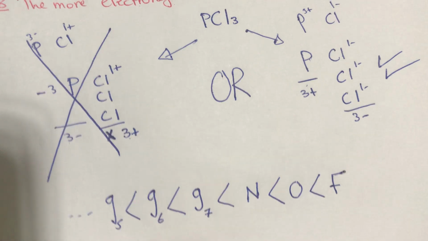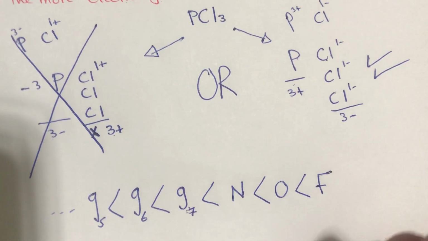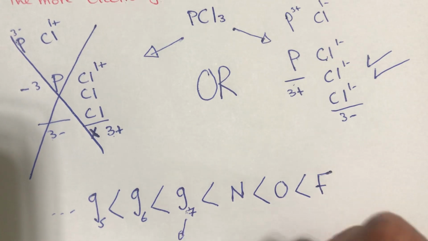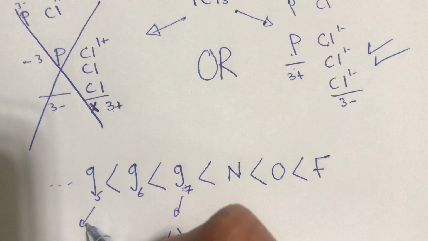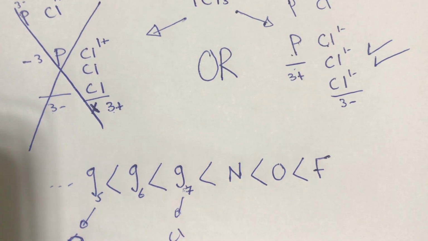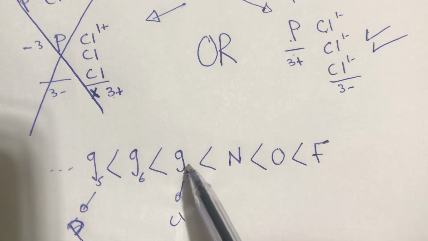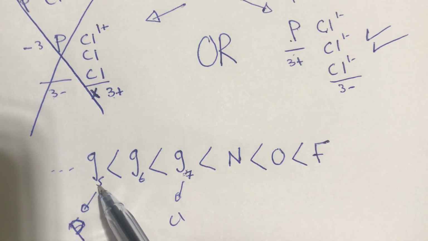So chlorine is in group 7 and phosphorus is in group 5. So group 7 has more electronegativity than group 5.